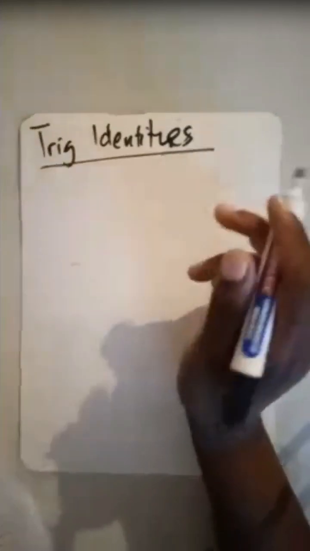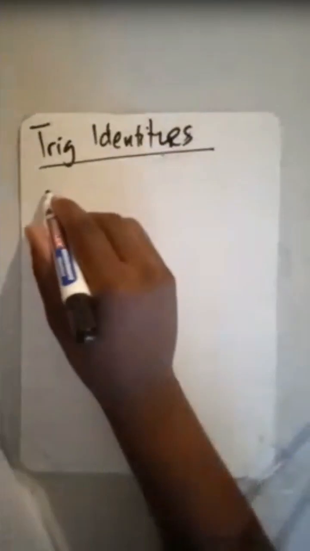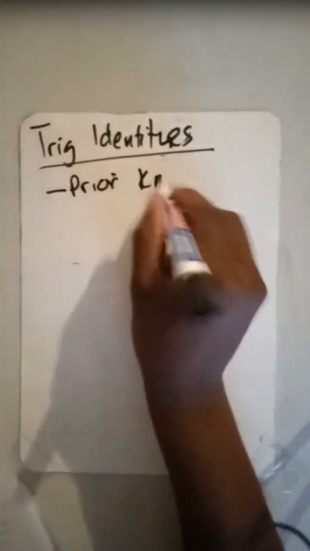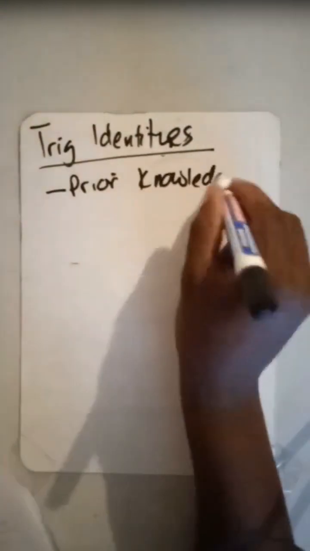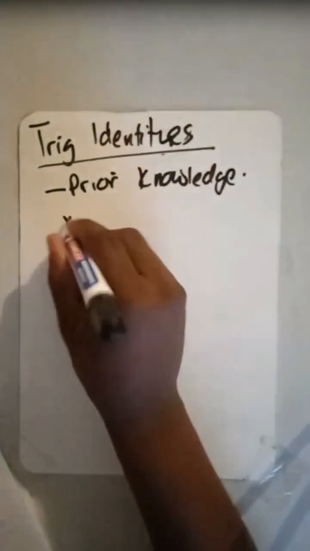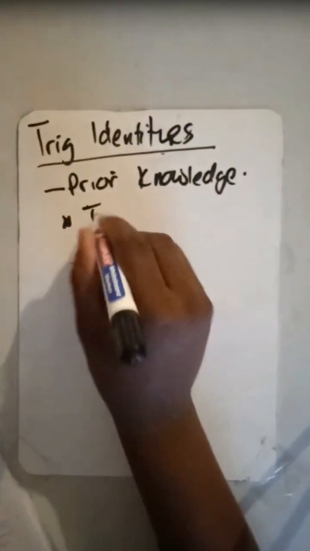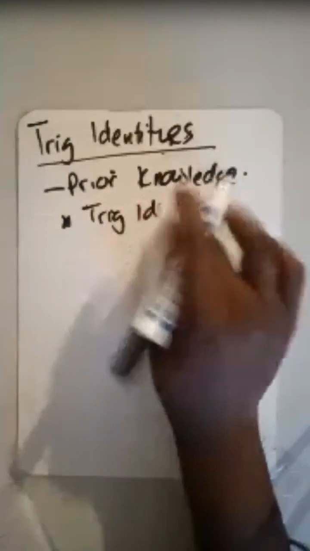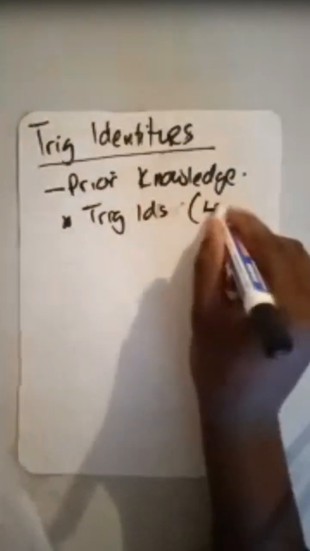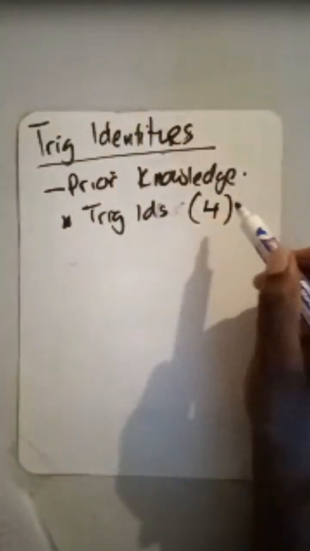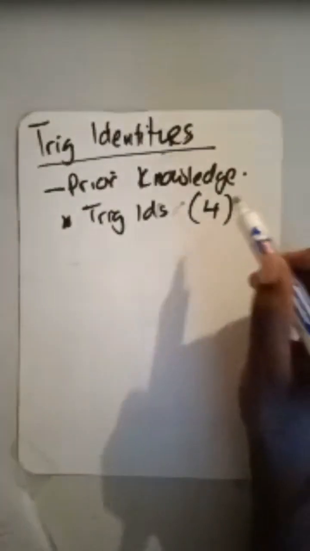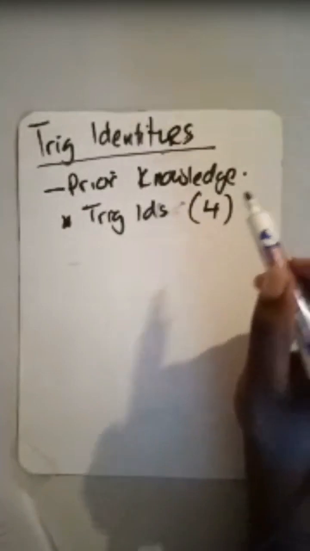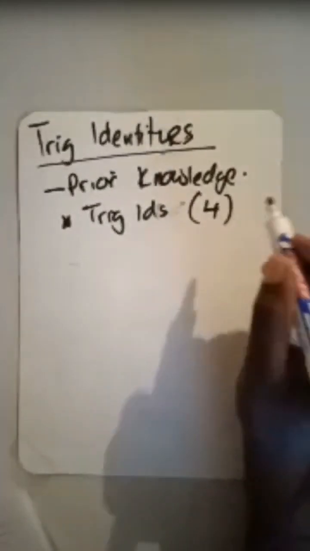So, guys, the prior knowledge we need are those trig identities. You remember the four identities that we talked about: the quotient identity, the square identity, the compound angle identity, and also the double angle identity.